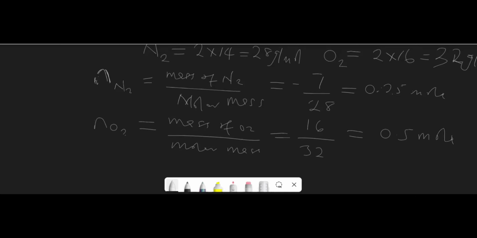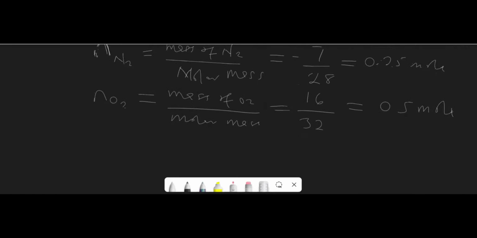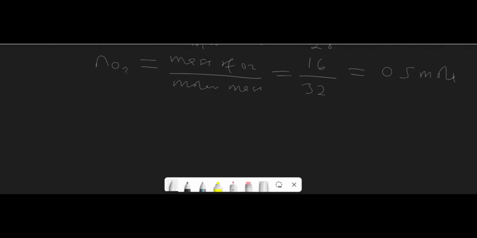So you see now we have the number of moles of oxygen and the number of moles of nitrogen. The next thing is to get the mole fraction of oxygen. How do you do it?